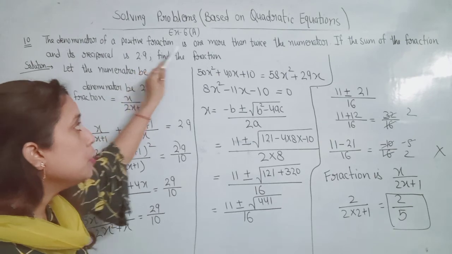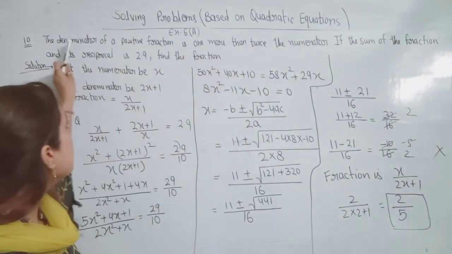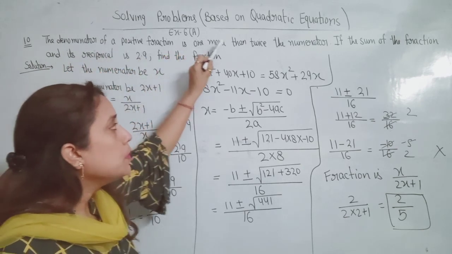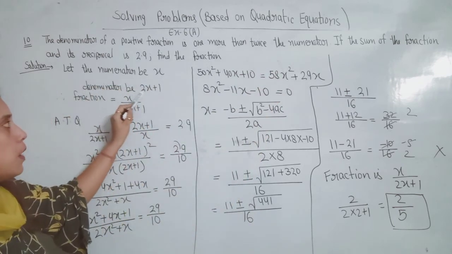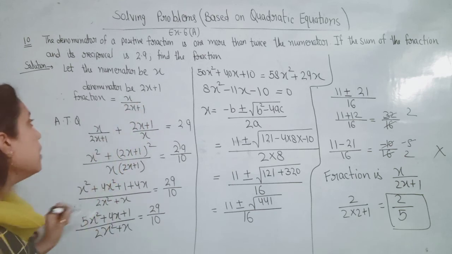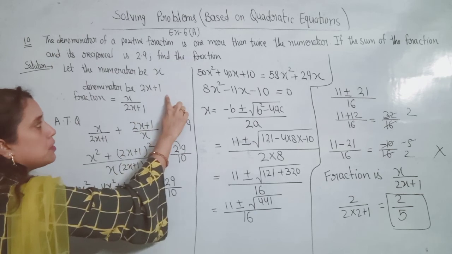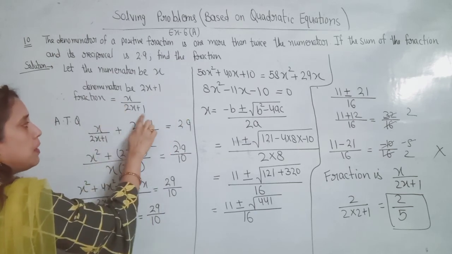If the numerator is x, then what will be the denominator? It is given the denominator is 1 more than twice the numerator, so the denominator will be 2x plus 1. So the fraction is x upon 2x plus 1.